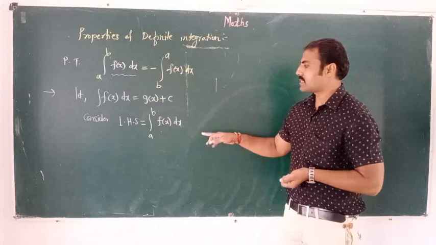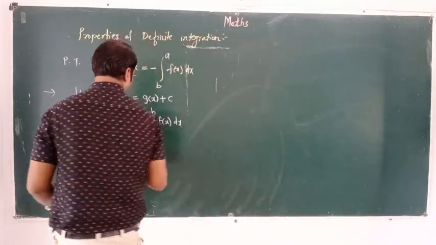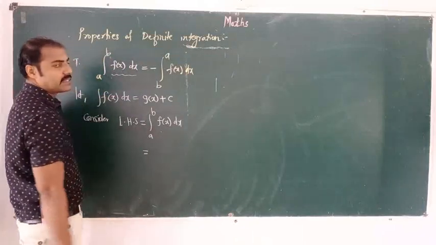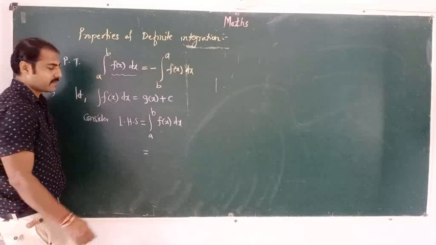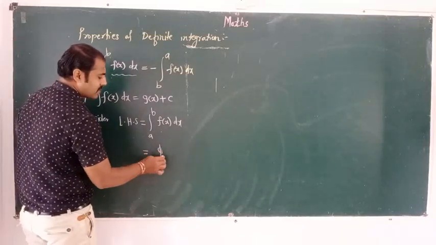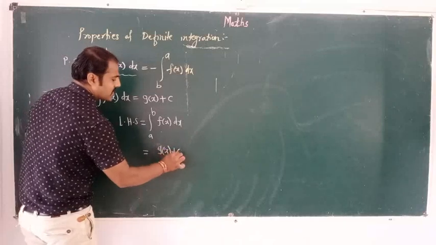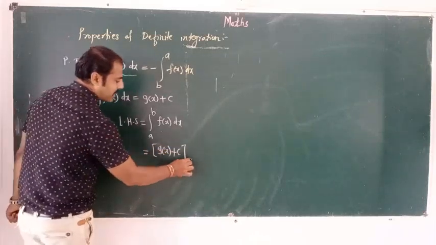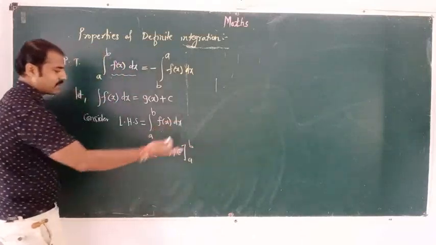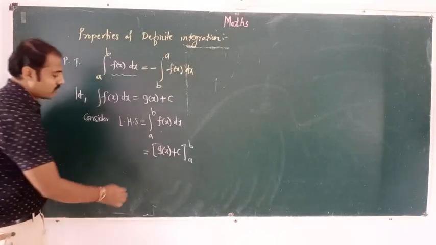So LHS is equal to integral a to b f of x dx, which is equal to, but we know that integration of f of x dx is g of x plus c. So I can write this as g of x plus c. Put a square bracket there, and write the lower limit and upper limit after completing the bracket.